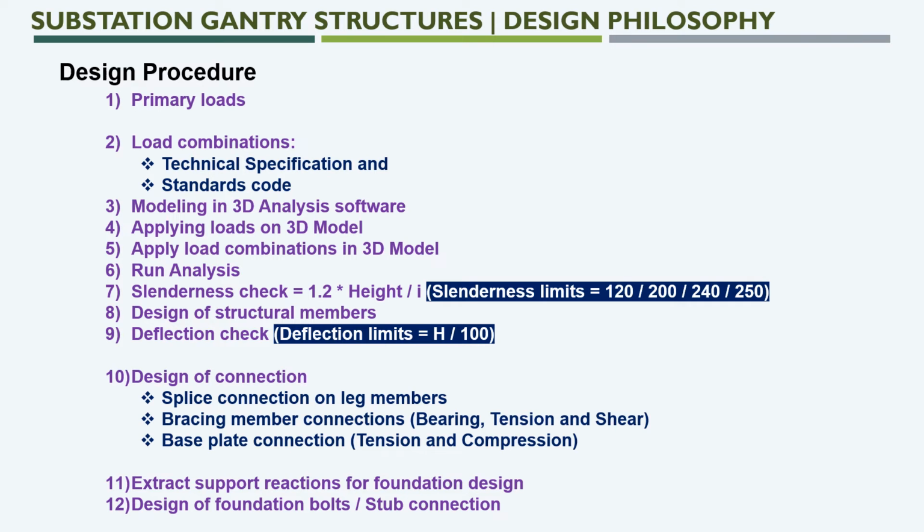Generally the slenderness formula is 1.2 times the height of the individual member, that is the connecting member, where this member is going to connect, that height we need to consider, divided by the radius of gyration i.